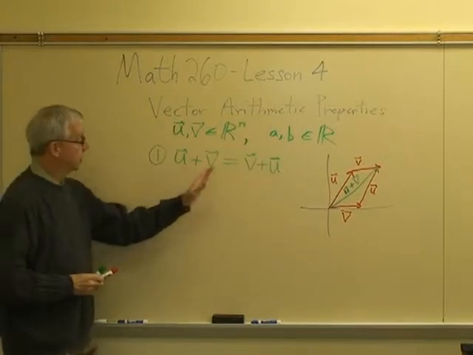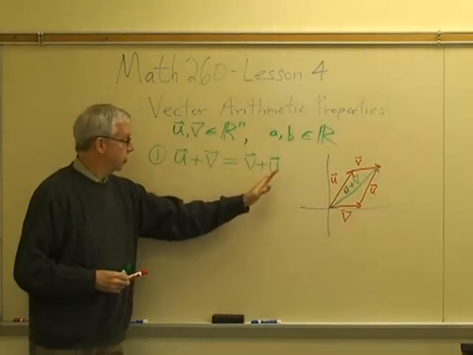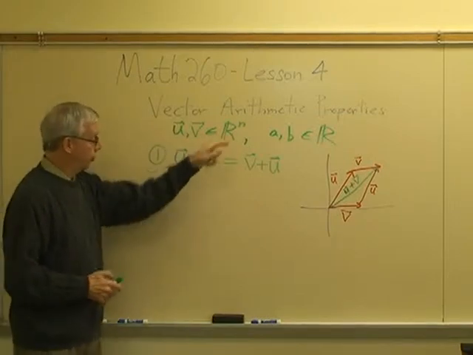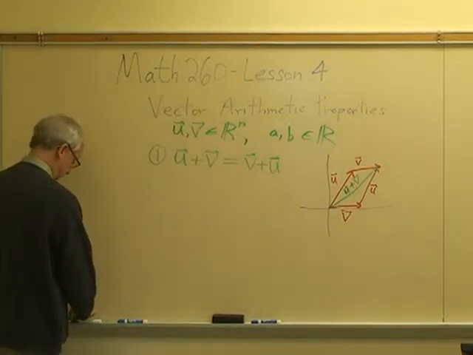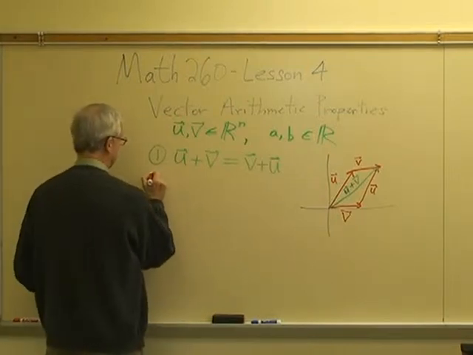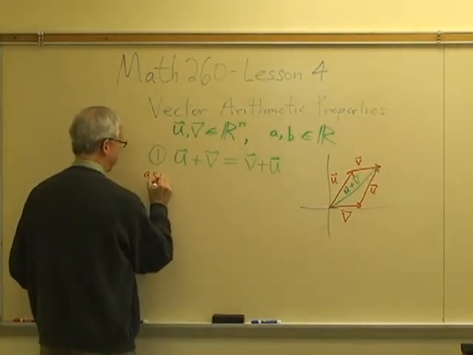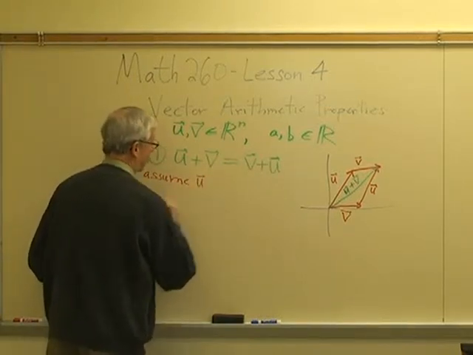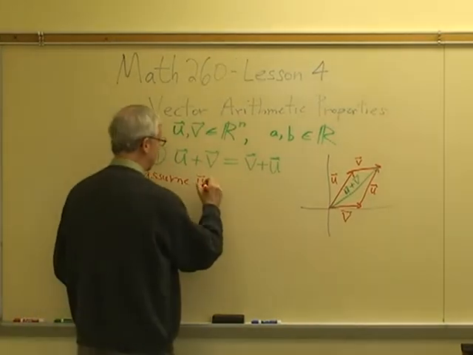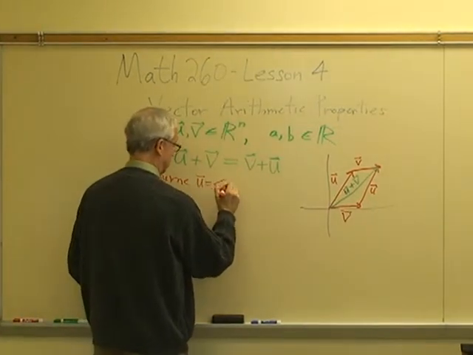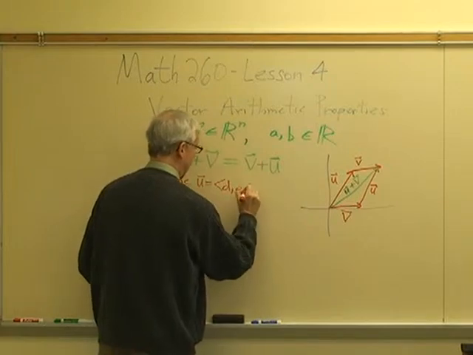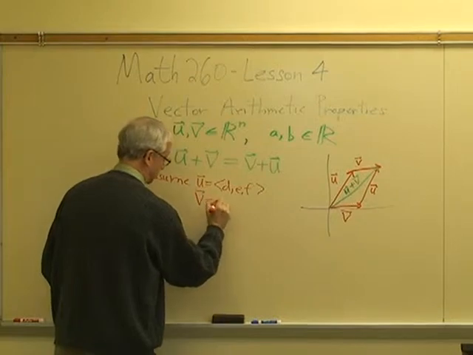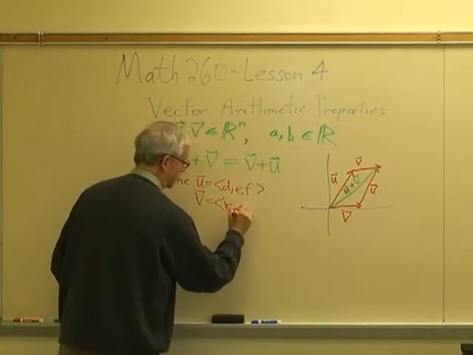Well, how do we prove that vector addition is commutative? Let's assume for now that n is 3. I'm going to work in three-dimensional space. This won't prove it in every case. You have to do a little more work to show it works for any dimensional space, but assume that u has coordinates (d, e, f). That's a three-dimensional vector. And v has coordinates (r, s, t).